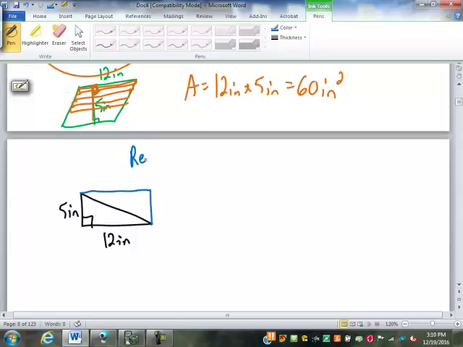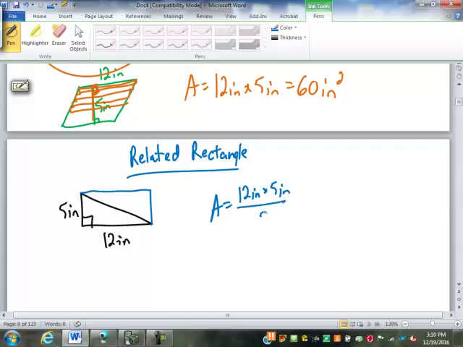That's what we call the related rectangle. It's related to the triangle because we took that rectangle and we cut it in half to create the triangle. So the area of that related rectangle is still the 12 inches by 5 inches. The triangle is half of it, so it's just divided by 2. So the 12 times 5 is 60, divided by 2 is 30 inches squared again.